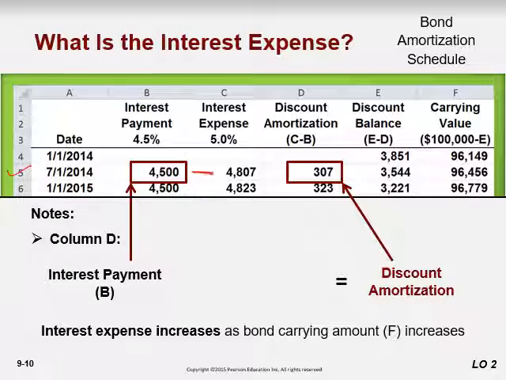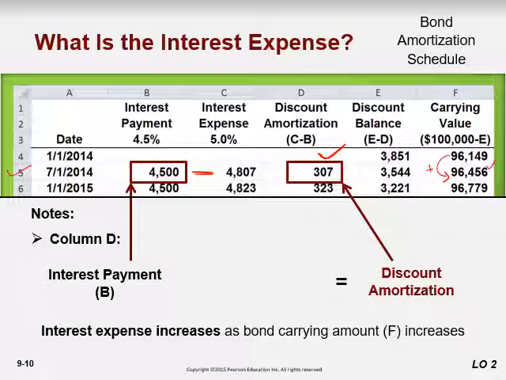It is the difference between interest payment and interest expense, and this would be added to the value of the bond. You see, it is not decreased, rather it is increased. So what is the tagline here?